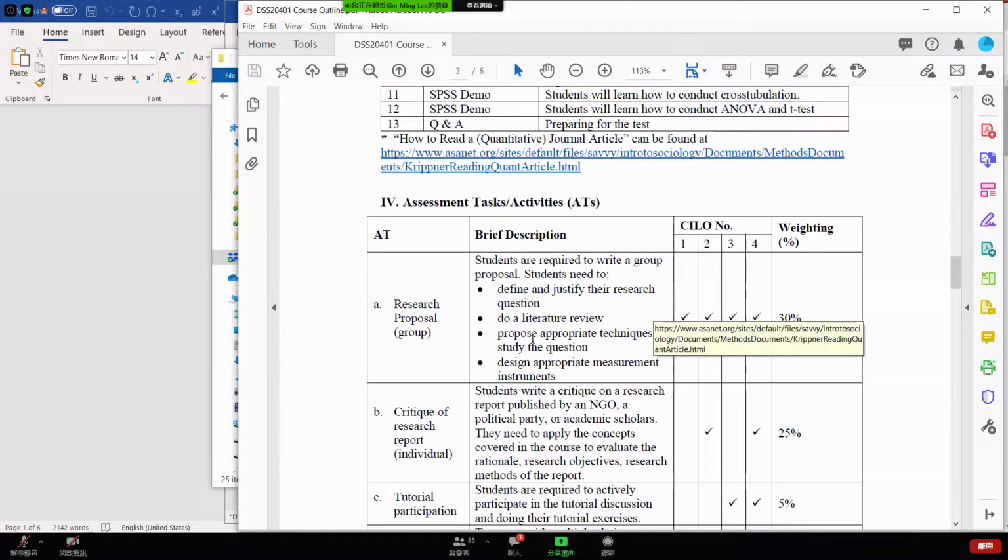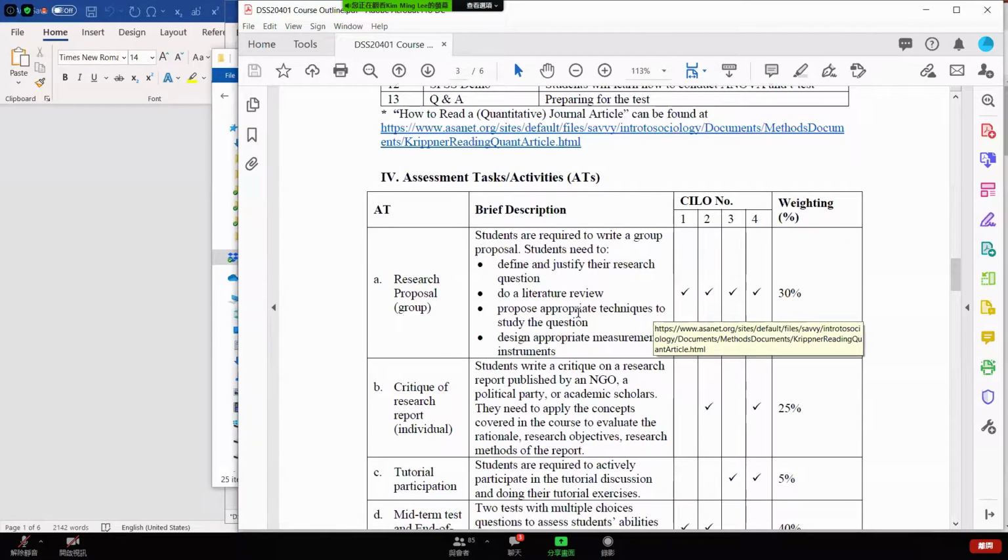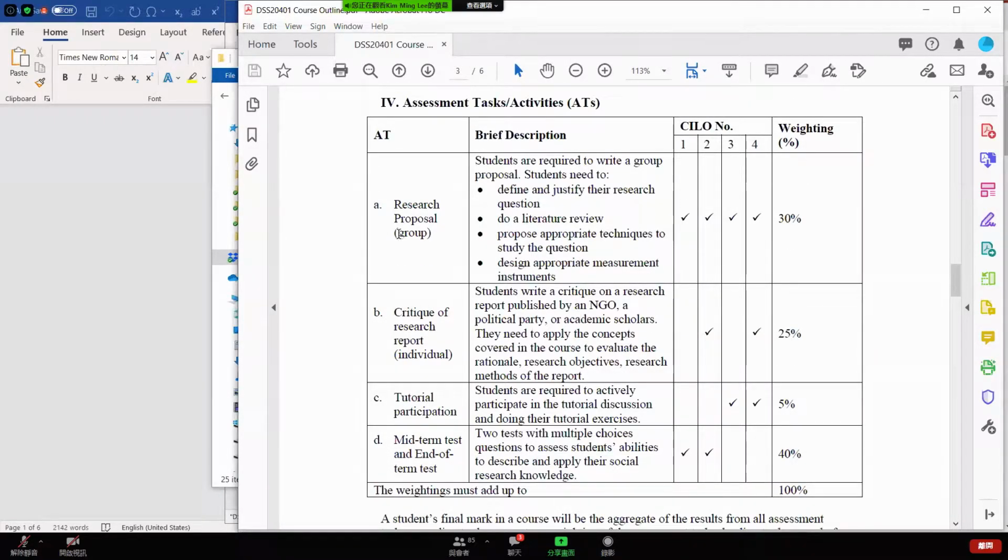So this is why I try to reduce the workload by reducing the word limit, but not the items. I mean, you need to do all these items. Okay. So you need to do a research proposal in group, which constitutes 30% of your grade. And that is the research proposal.